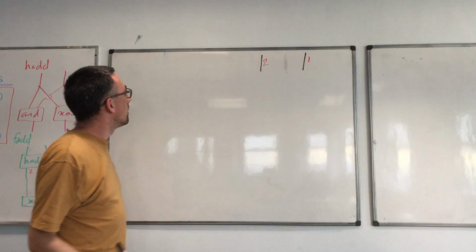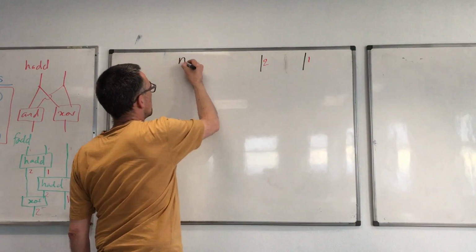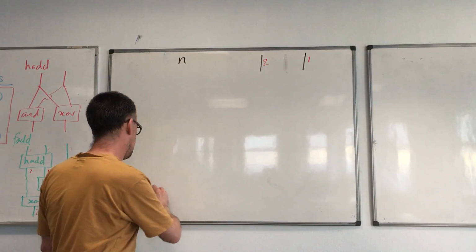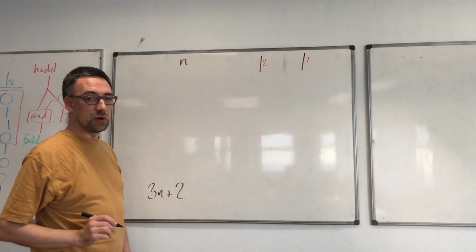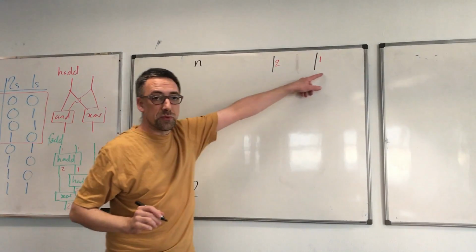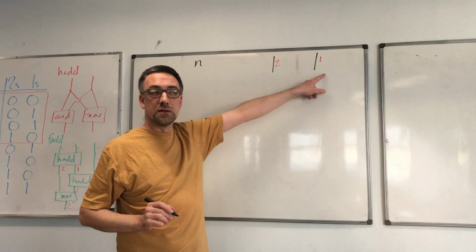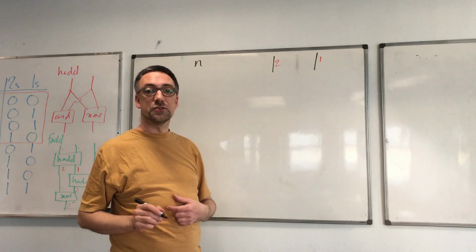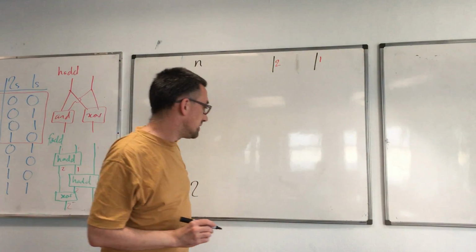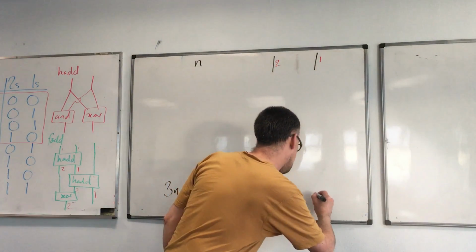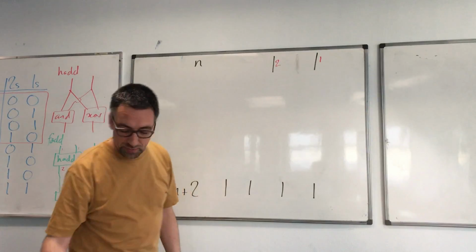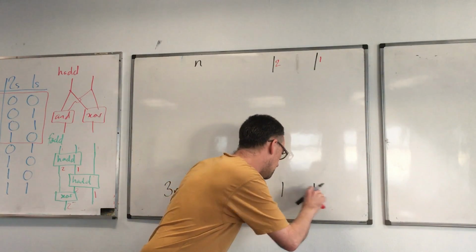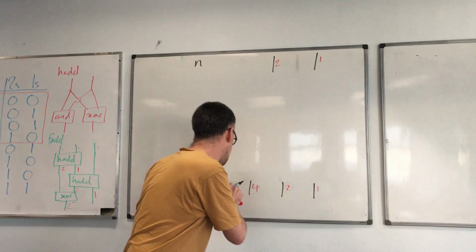And if we call this number n, we're supposed to compute 3n plus 2. And we are told, and if we think about it, the biggest this number could be is 3. And what's 3 times 3 plus 2? It's 11. That would take 4 bits. So we're going to need to give out a 4-bit number with place values 1, 2, 4, and 8.